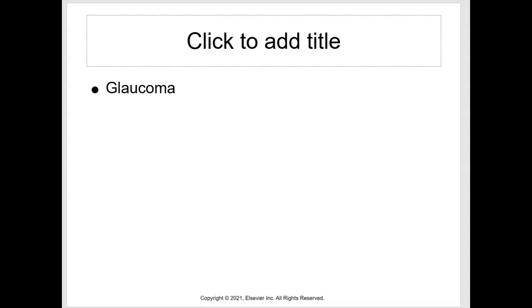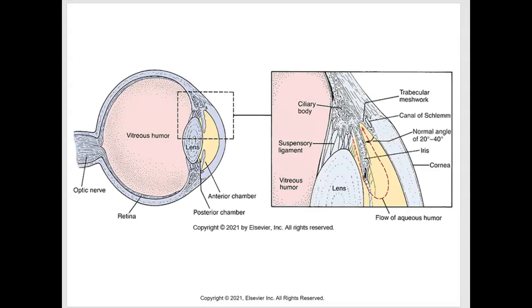So we first start by making sure we understand and review the aqueous humor and its role in maintaining our intraocular pressure, which is what I mean by IOP. This is figure 87.1 in your book.